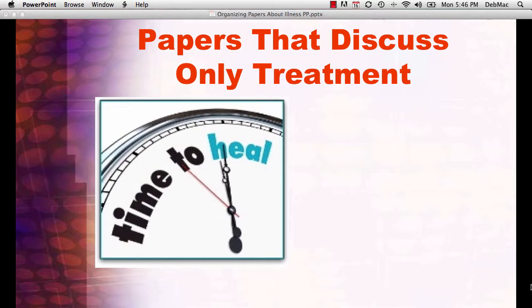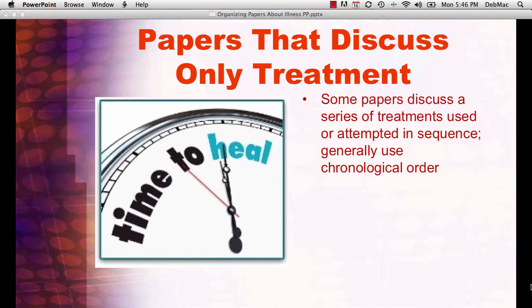And finally, some papers will discuss only treatments. Again, some papers will discuss a series of treatments that are used or at least attempted in sequence. Again, to use mental illness or depression in particular as an example, frequently the psychiatric community attempts first to work to treat depression through what's known as cognitive therapy or talk therapy.